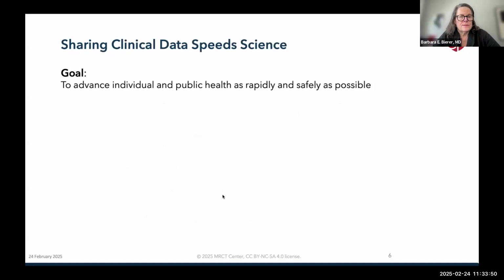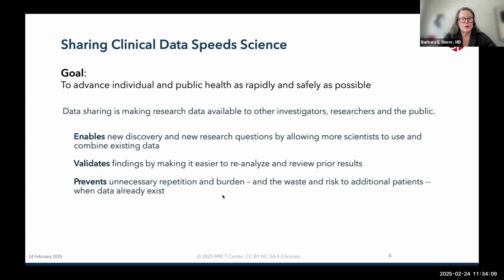So why do we do this? We do it really to advance individual and public health as rapidly and safely as possible. If we have the data in a biobank or a data repository and don't have to collect it, we speed the discovery and can move forward more readily. Data sharing is making research available to other investigators, researchers, and the public.